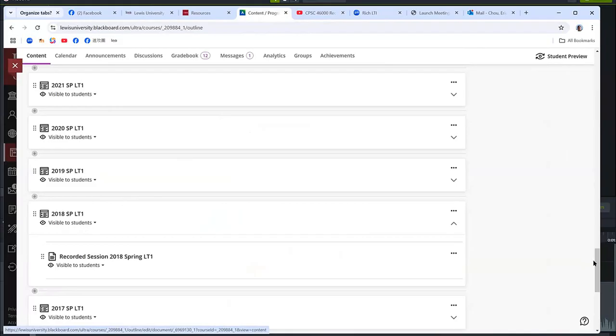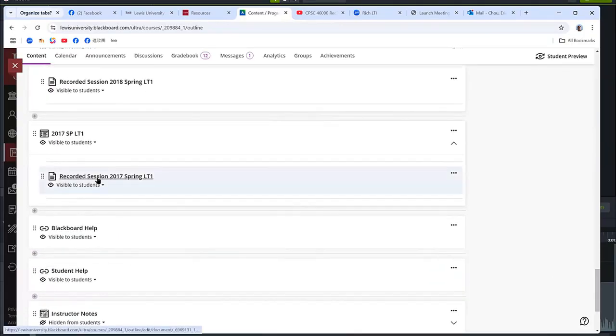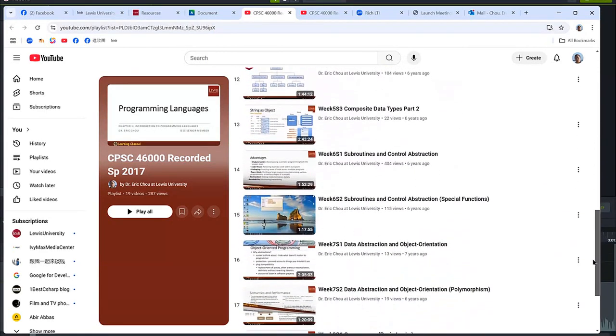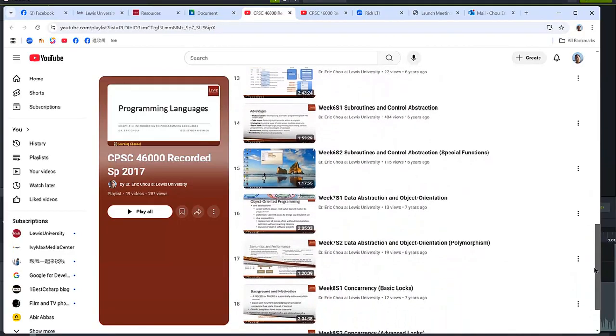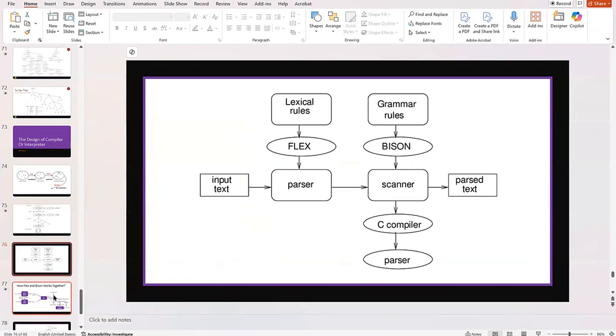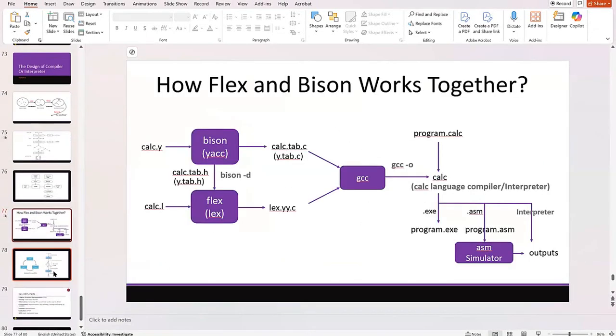In 2017, we also had a whole session talking about the compiler and Bison. We have a whole week to cover Bison and Flex about how to do automatic compiler generation.